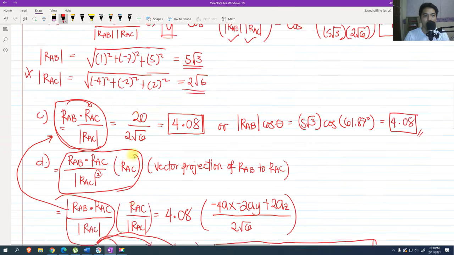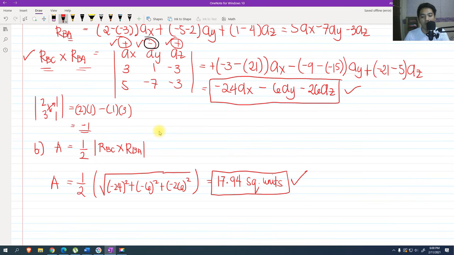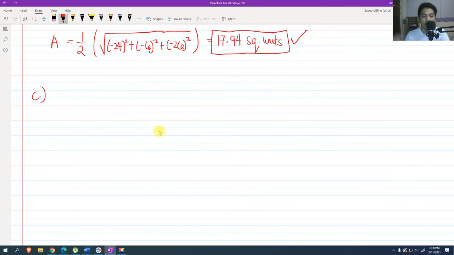Okay, so for letter C, for our last problem, a unit vector perpendicular to the plane in which the triangle is located. So a unit vector, simply the unit vector of R_AB and R_AC. So how do we get the unit vector? We have R_BC cross product R_BA, because that's the triangle already, and then we get the magnitude.